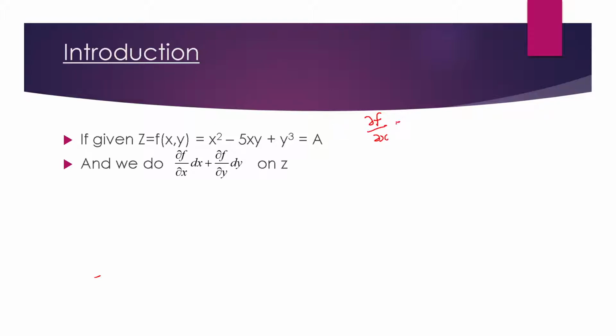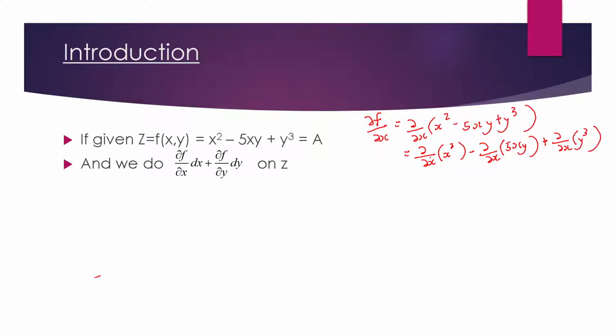When you del x, y is constant, plus y cubed. For differentiation, if it is addition and subtraction, you can break it term by term. So you have del x of x squared, minus del x of 5xy, plus del x of y cubed.